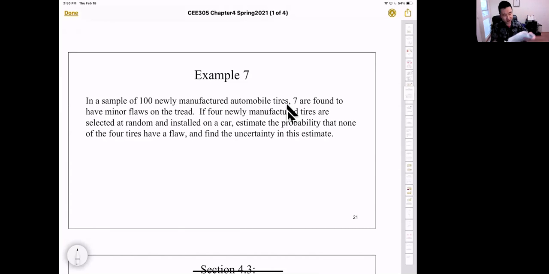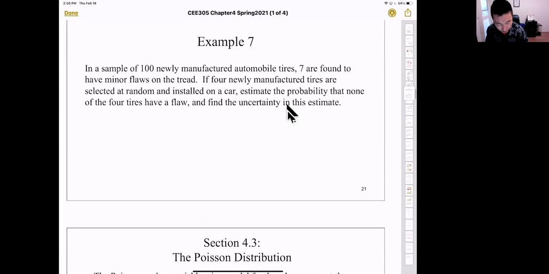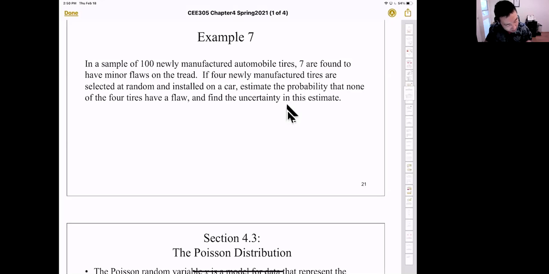This is the last question for binomial distribution. So I think we'll stop here after this example. We have a sample of 100 newly manufactured automobile tires. 7 were found to have minor flaws on the tread.